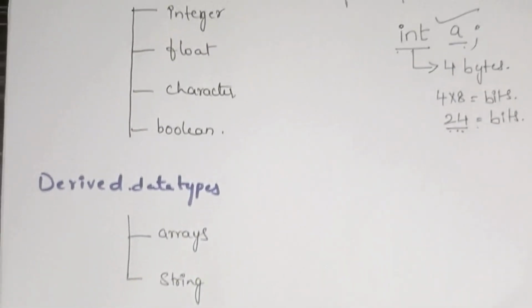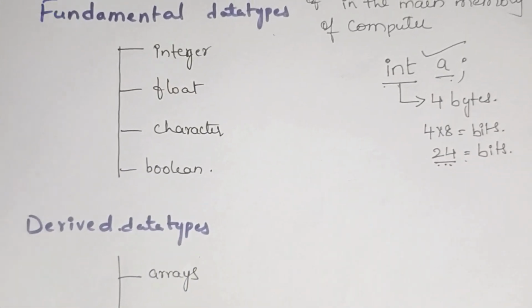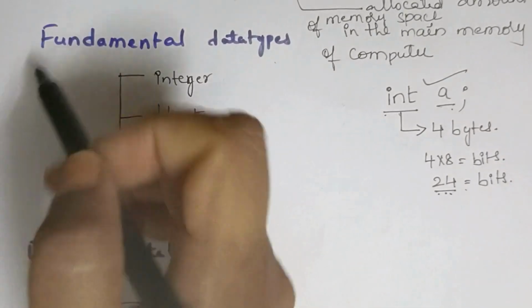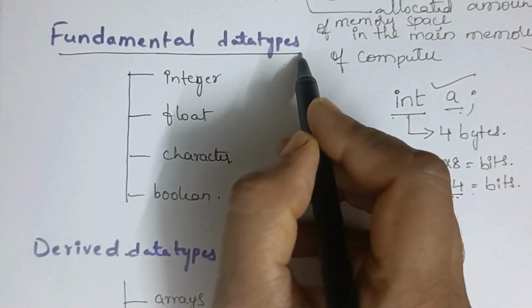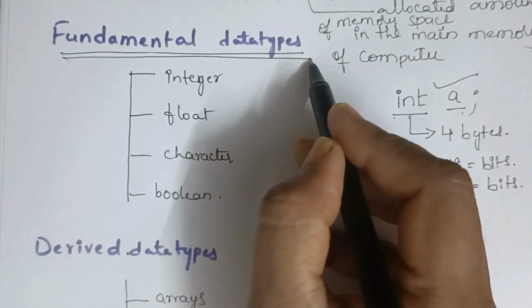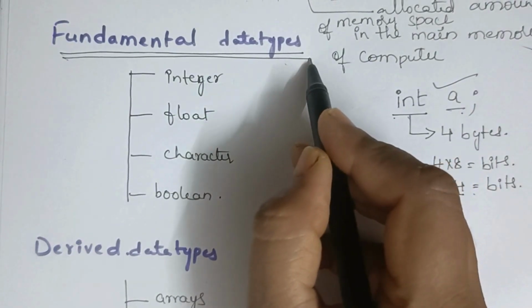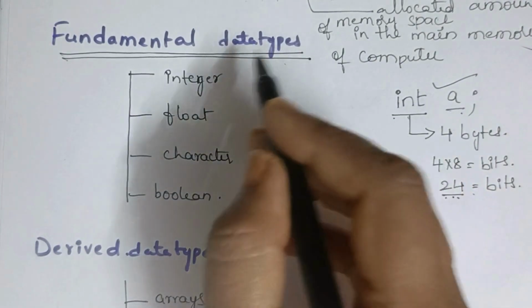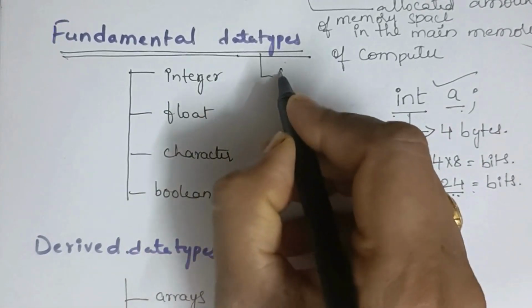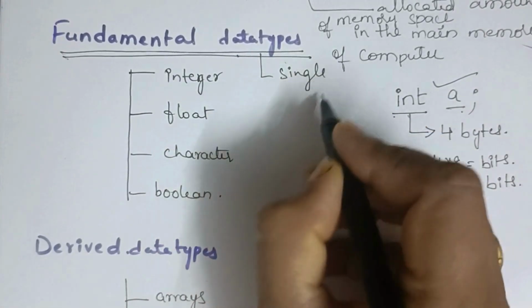Fundamental data types are defined by the language developers and supplied as a part of the language software, and they can store only a single value in a single variable.